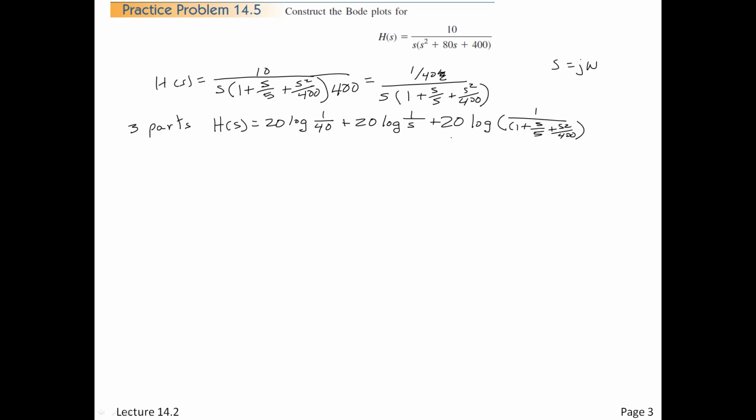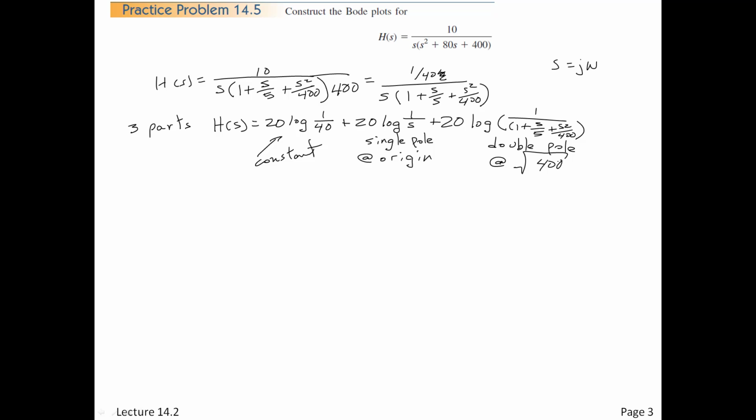Okay? So here we've got our constant piece. And here we've got our single pole, or a simple pole, at the origin. All right, and finally then we've got the double pole at the square root of 400.